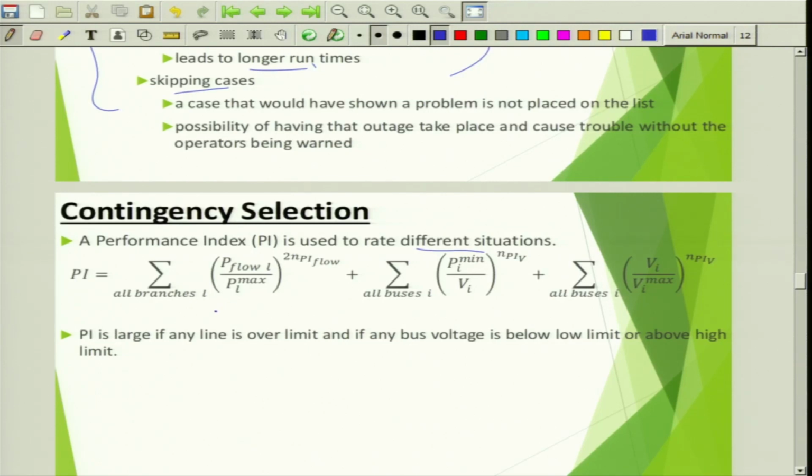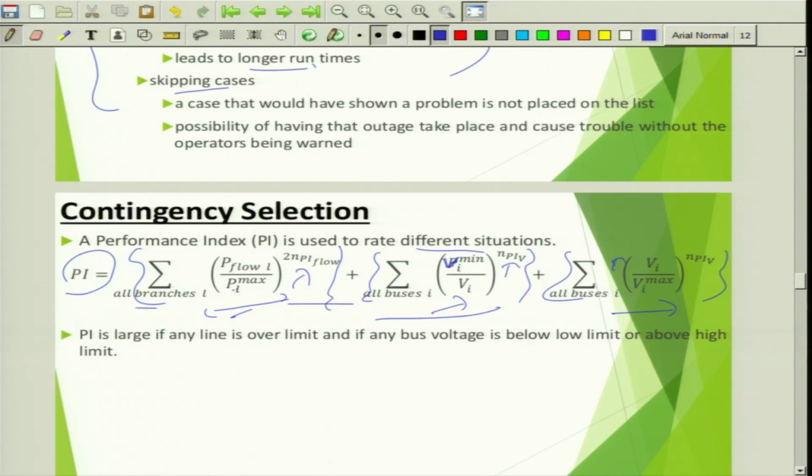So this is the line flow limits. You can see this is actually voltage Vi minimum by Vi. This is a voltage violation, this is line flow limitation, this is minimum voltage violation, this is maximum voltage violation. So the performance index considers everything, the line flow limits exceeding as well as the voltage violation limits. For example, you see here, considering every term, if there is a violation, the overall number will be higher.